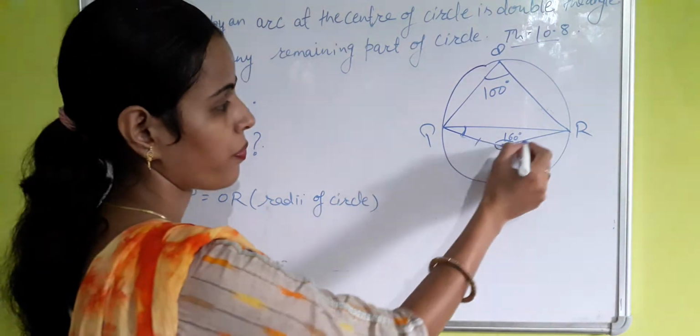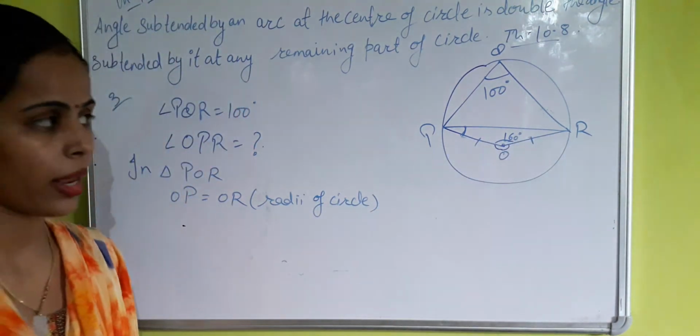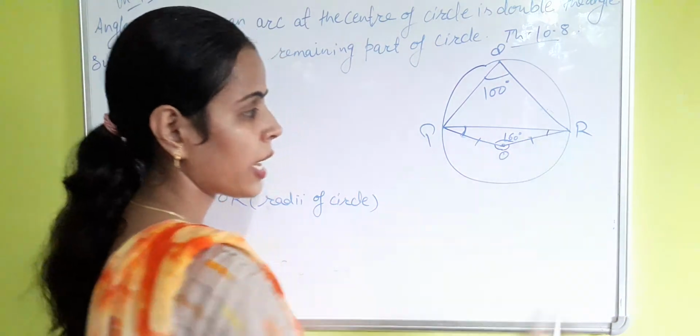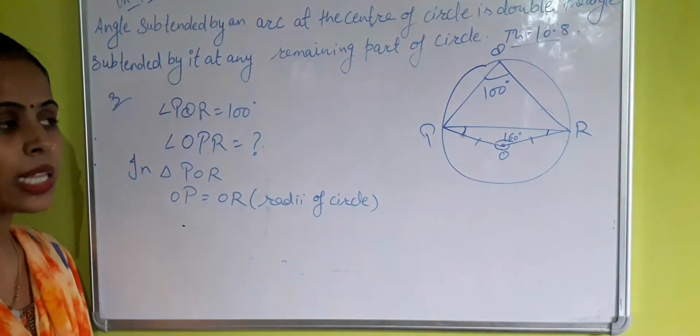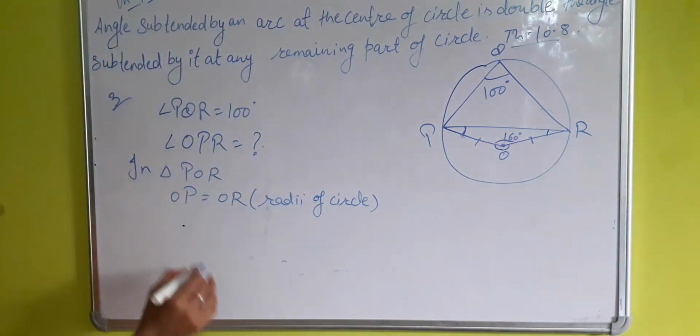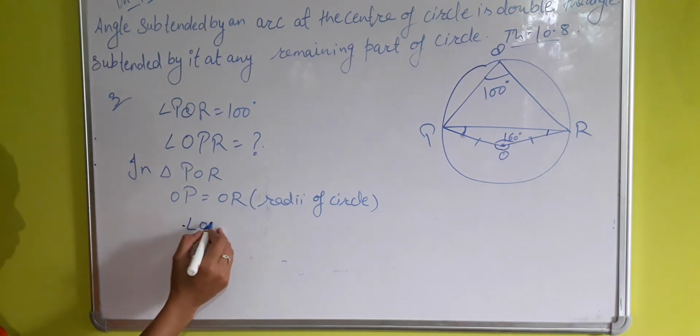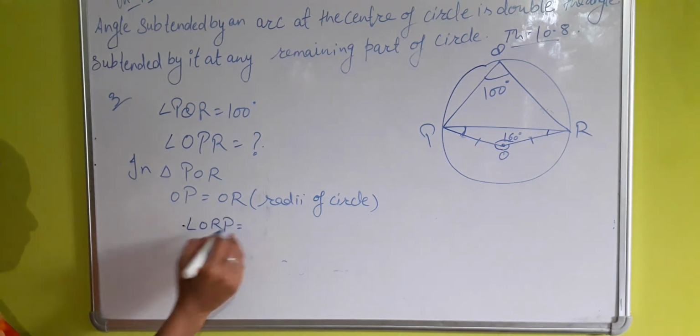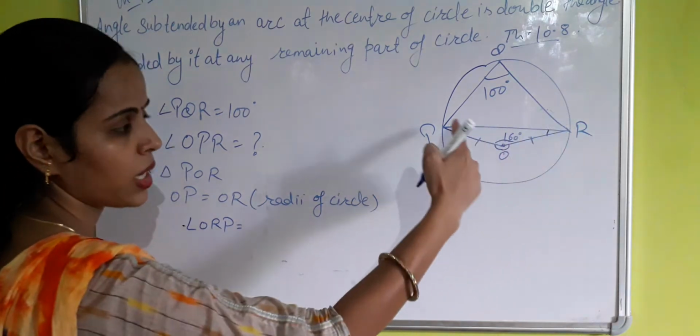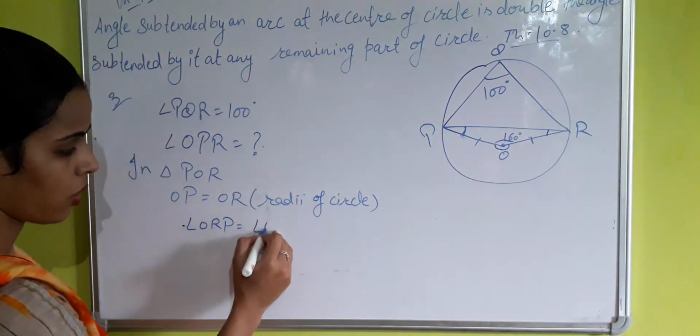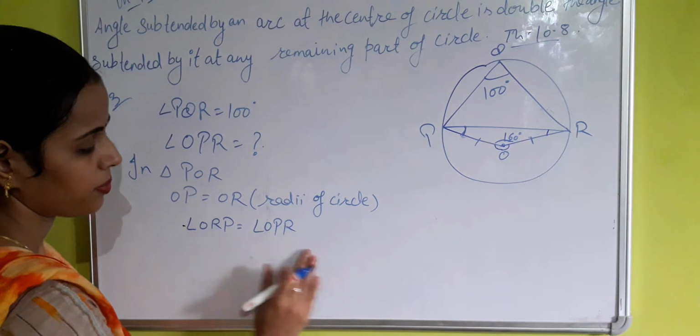If these two sides are equal, then their opposite angles are also equal. We can say that angle ORP equals angle OPR.